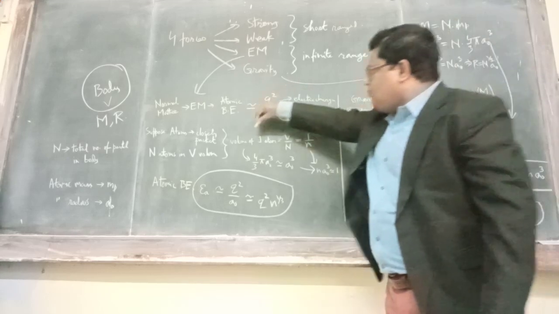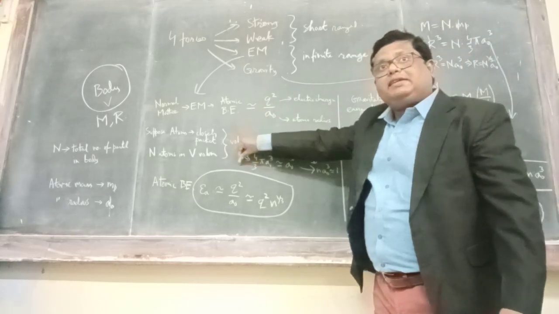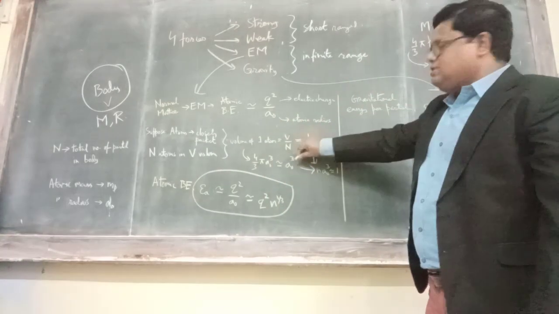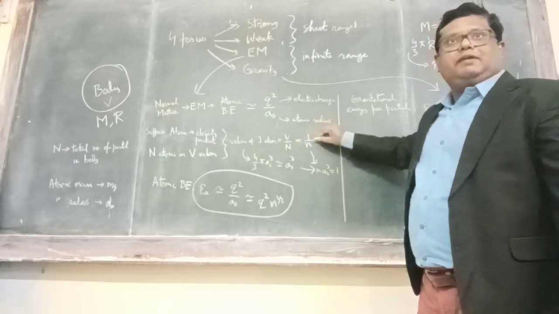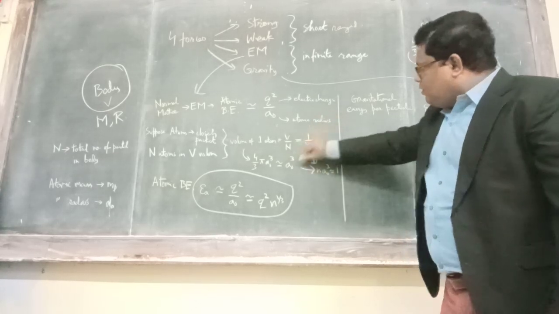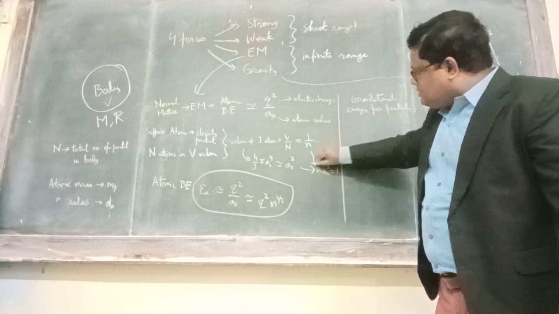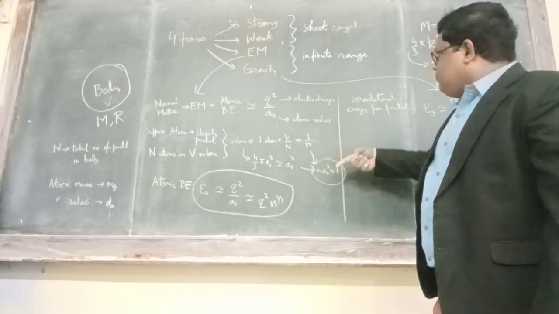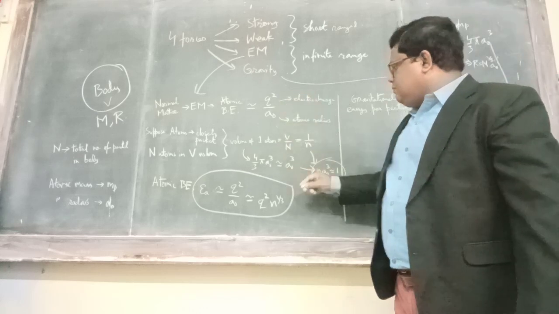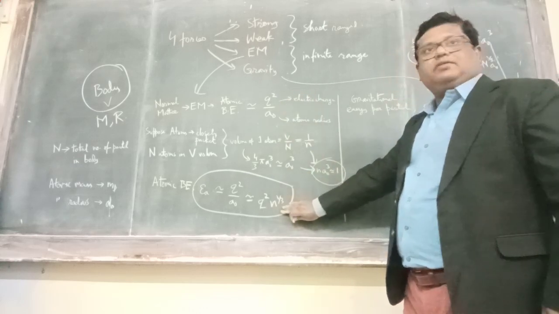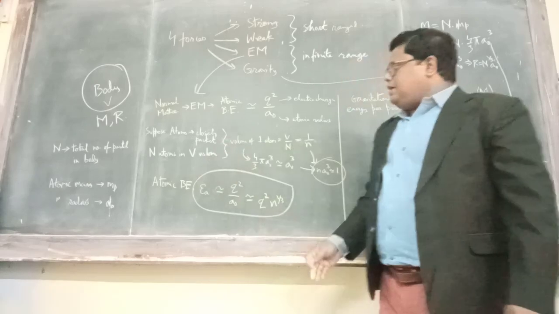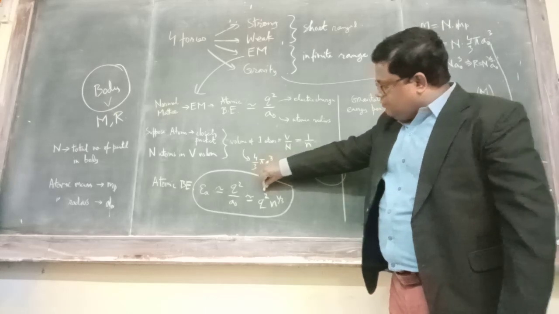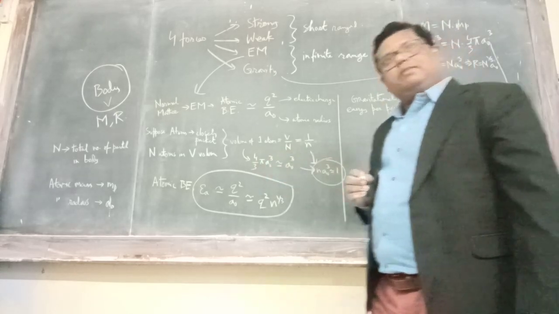Now again, this volume of one atom you can write in a different form as 4 by 3 pi a0 cubed, or roughly a0 cubed. These two are roughly the same. So if we equate these two, we get the relation n a0 cubed equal to 1. Now if I put this over here, then more or less I will get this relation. So the atomic binding energy, where the electromagnetic interaction is important, is of the order of q squared into n to the power 1 by 3.